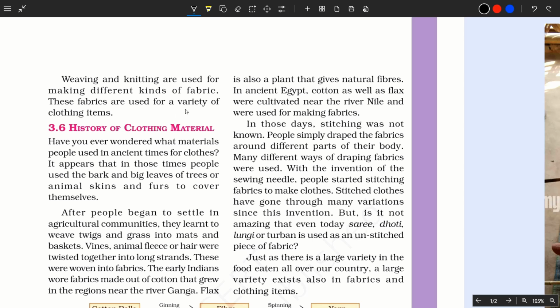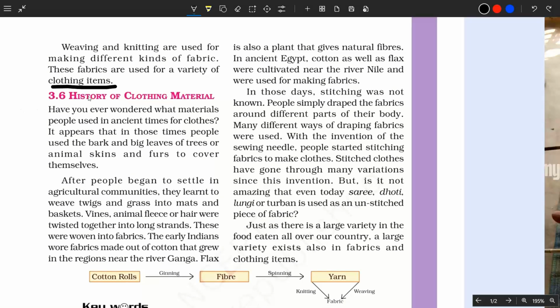These fabrics are used for a variety of clothing items, like sweaters and caps, and small babies' clothes. Mothers who have learned this process will make clothes for children. You can ask your mother also, if she knows she will show you how the process is done. Try it with your mother also.